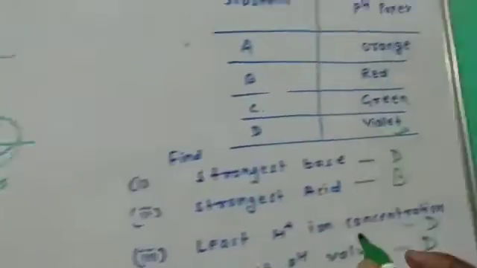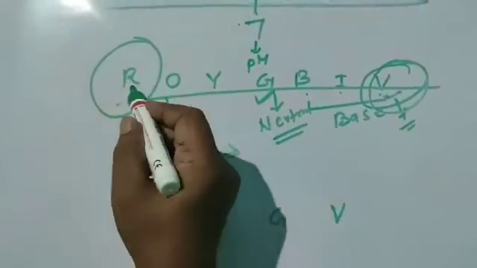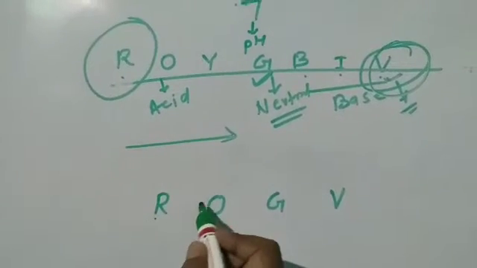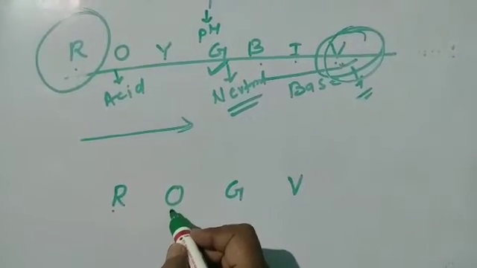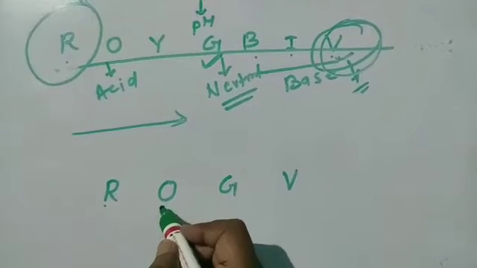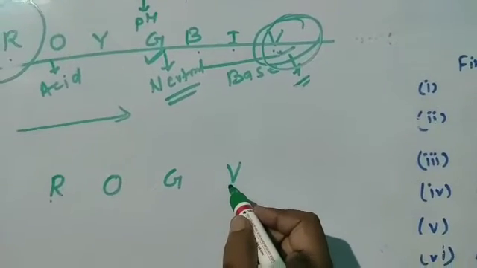Red has the least pH value, orange is more than red but less than green, green is 7, and violet has the maximum pH value.